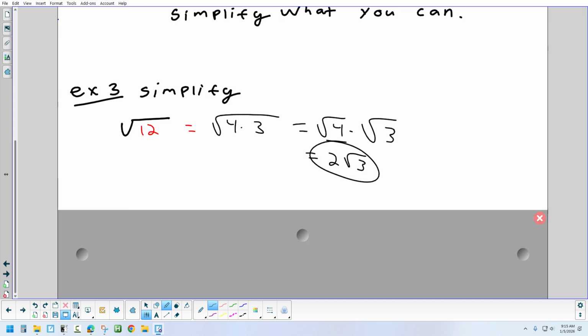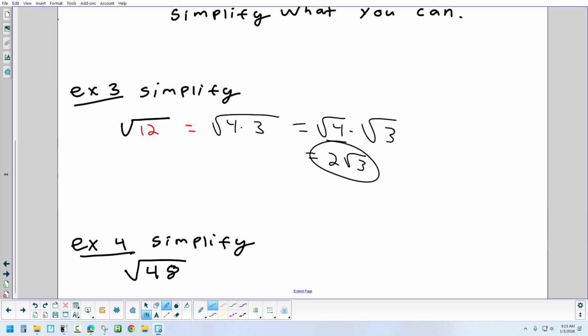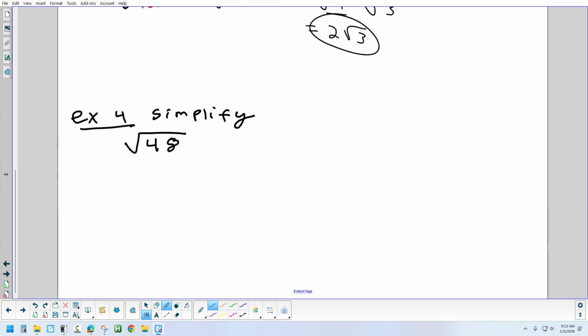Let's try one more of those before we look at our last formula. Square root of 48. Anybody think of 2 numbers that multiply to give me 48, and one of them has to be a perfect square? 4 and 12. Okay, 4 and 12. So we break it up into 4 and 12.